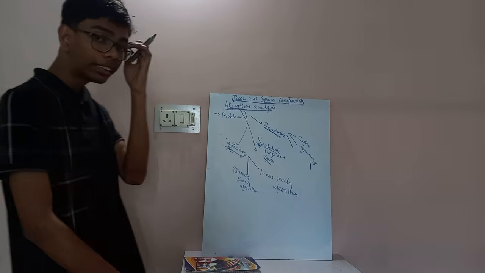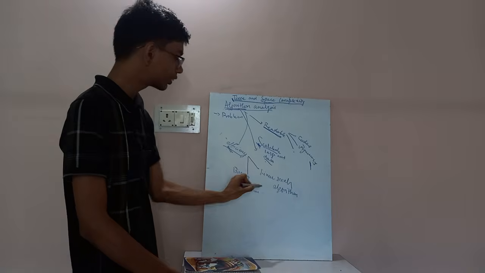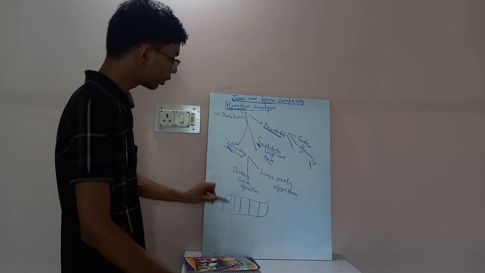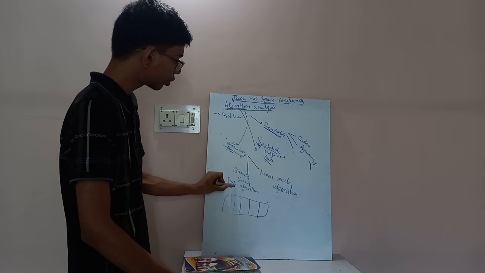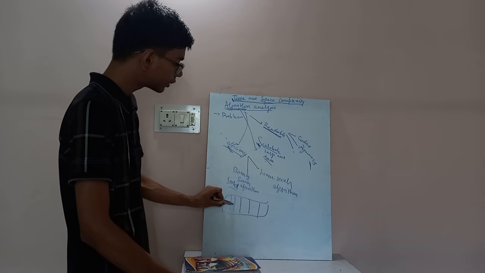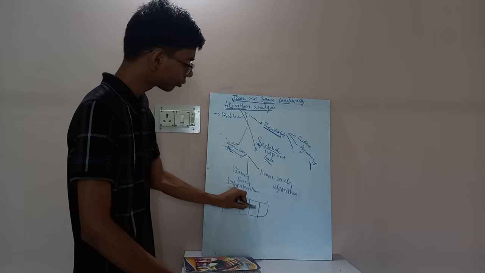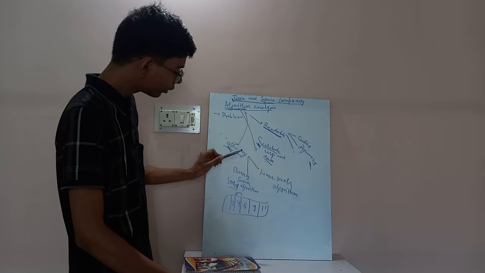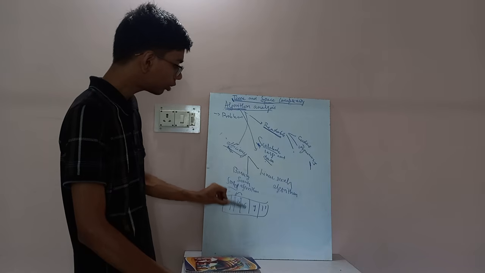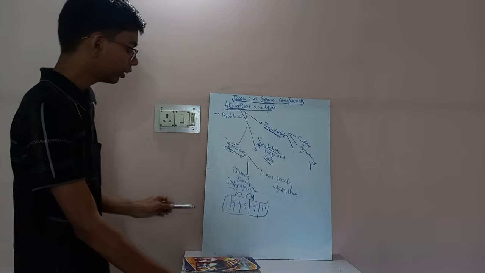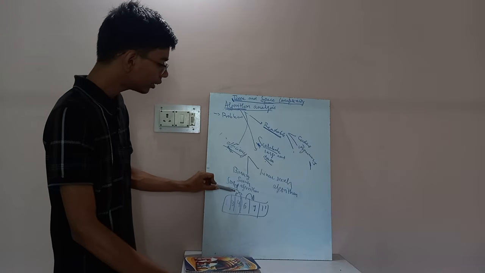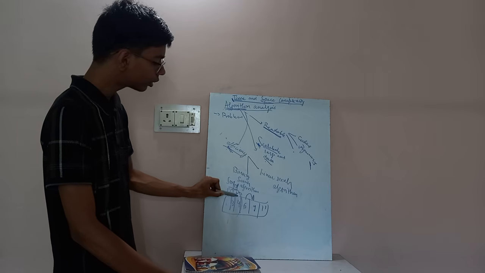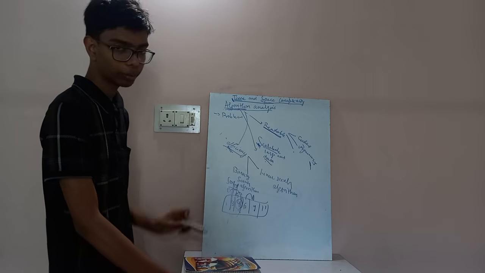We all know for any element I have to search in an array, in a sorted array, this is for a sorted array, I just have to see whether my element is left of the middle element or right of it. If it is on the right, I will again go to the middle of that and see whether it is left or right, and then I will get my element.